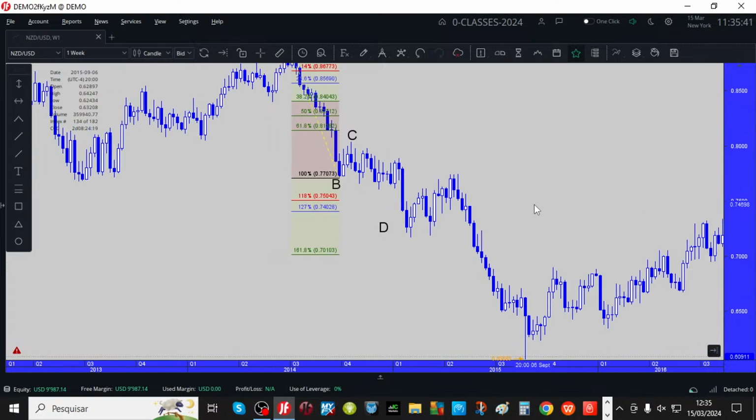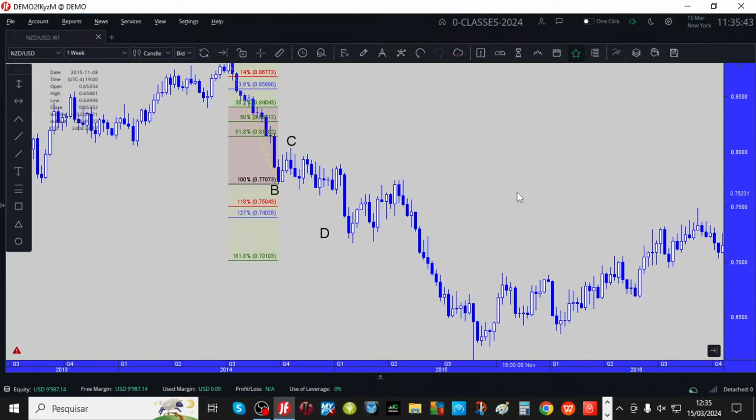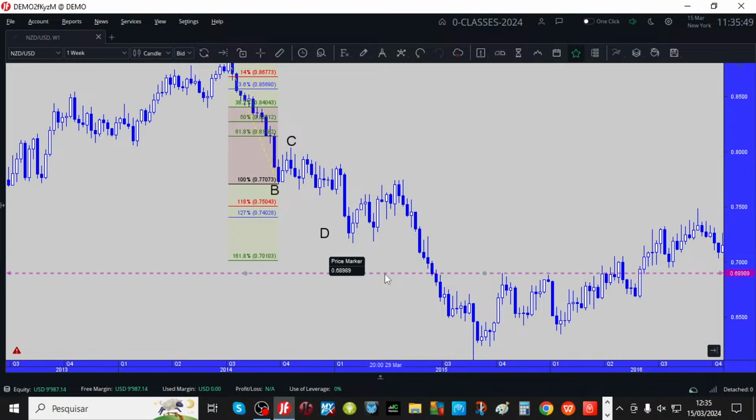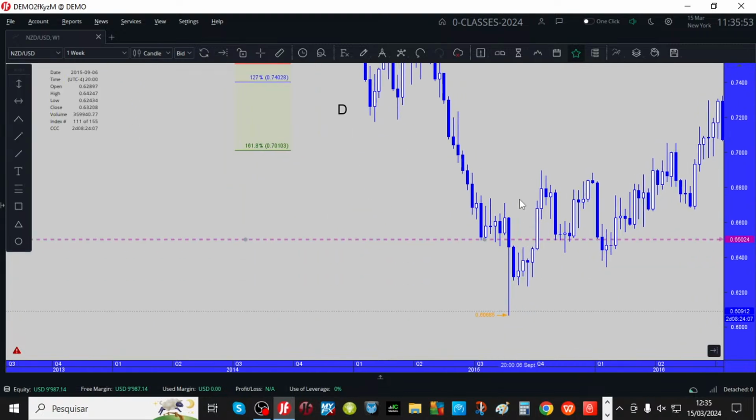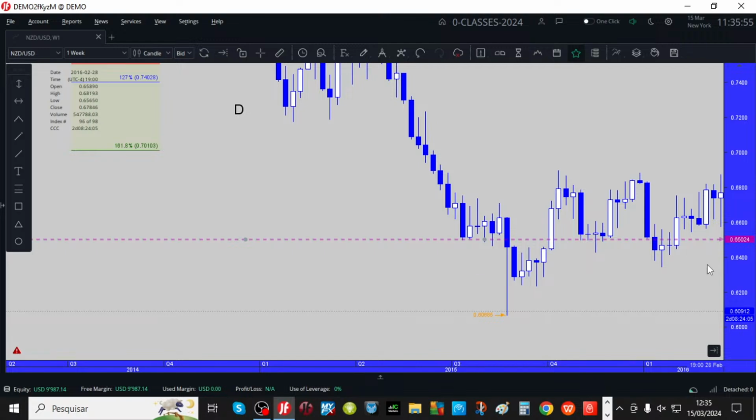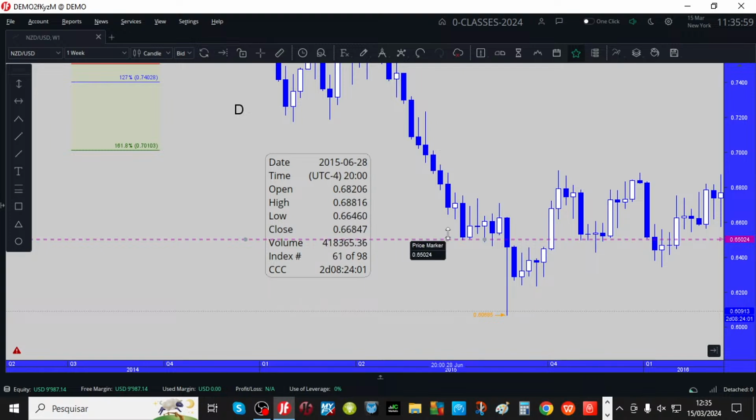This is NZD USD weekly chart this time. The market didn't stop at the green, so moving forward, forward, forward, and bam, I believe that's a low. Give me a second, everybody. We need to find the low.